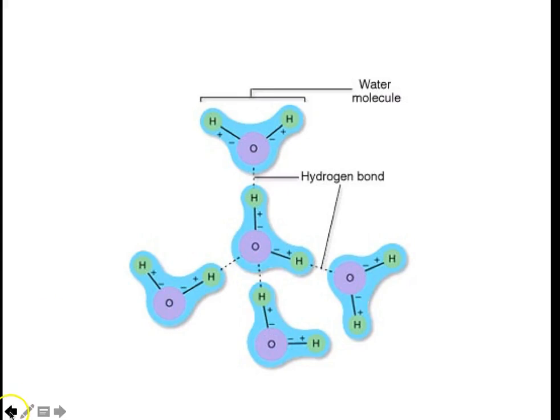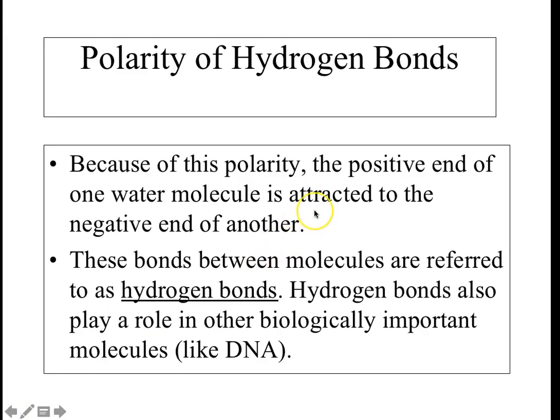So let me go back to the polarity of the hydrogen bonds and a couple of examples of why it's important. Because of that polar covalent bond of water, the positive end is attracted to the negative end of an adjacent water molecule. The bonds between these water molecules are referred to as hydrogen bonds, and they play a very important role in DNA.